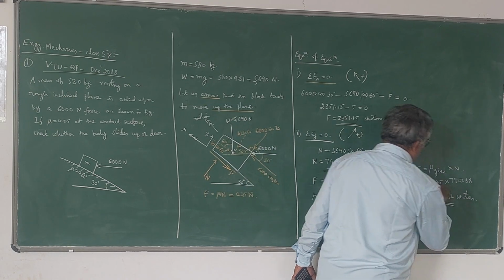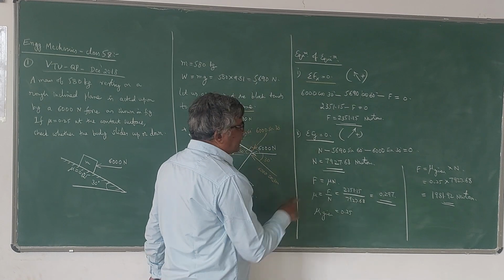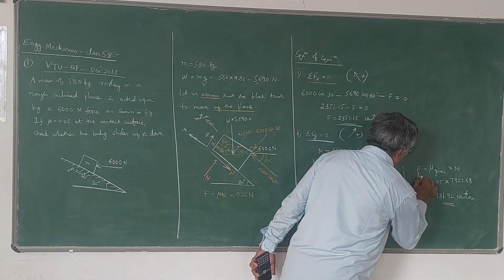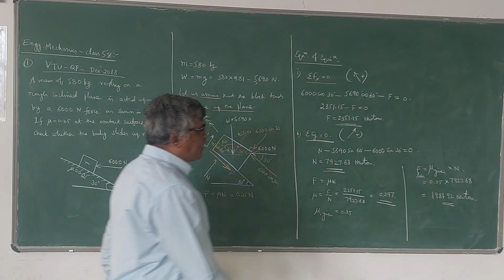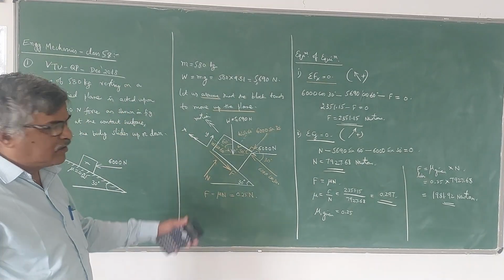So this is from the given. Actually, this is the limiting value, the maximum value of friction.